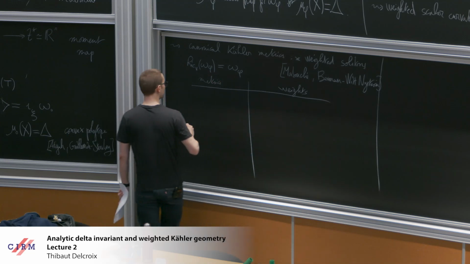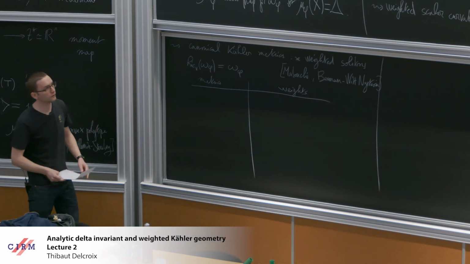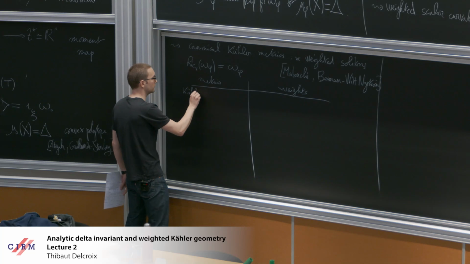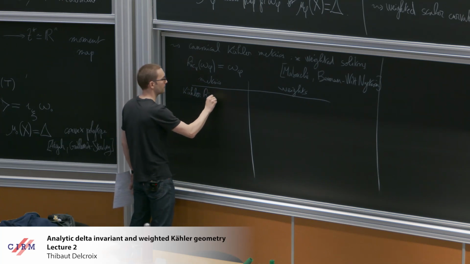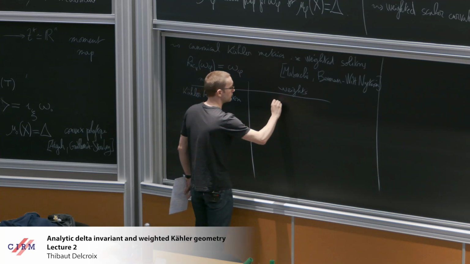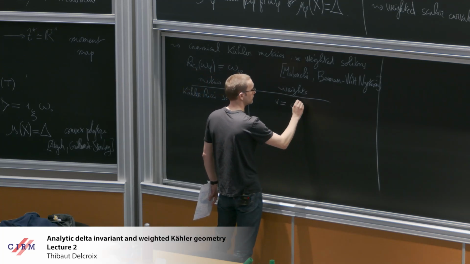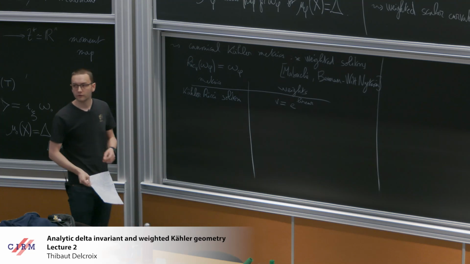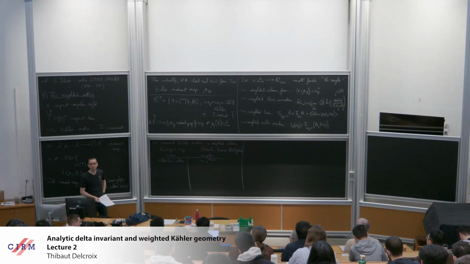So the basic example and the most considered is the case of Kähler-Ricci solitons. And that's when the weight is the exponential of a linear function.